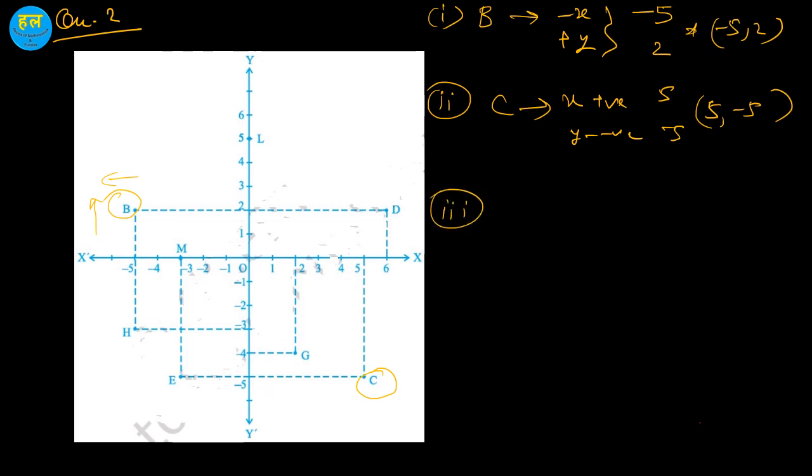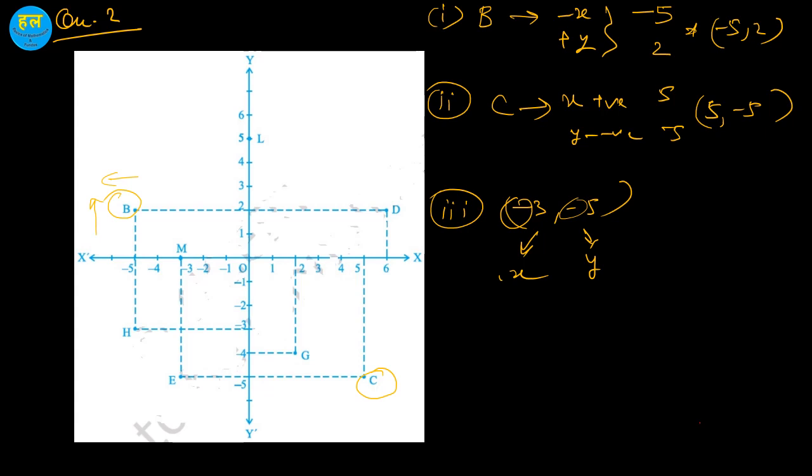Third, the point identified by coordinate minus 3, minus 5. So we have to identify the point by this coordinate. Minus 3 is x and minus 5 is y. X is negative, that means on the left hand side of the origin, and y is also negative, that is below the origin on the y-axis.